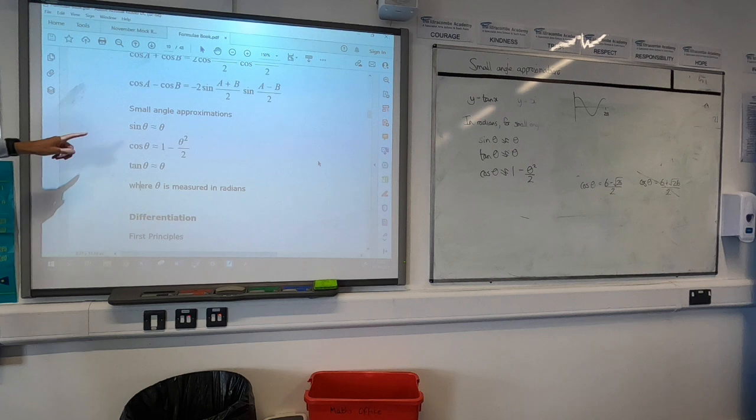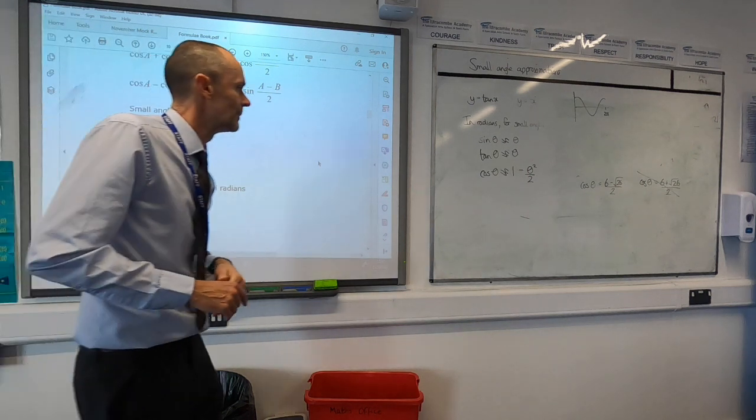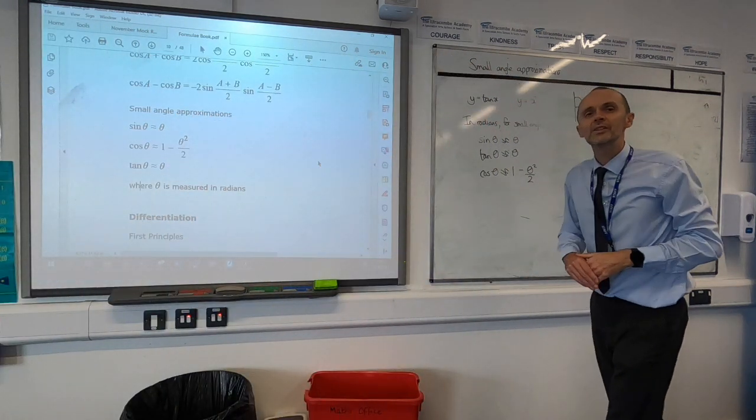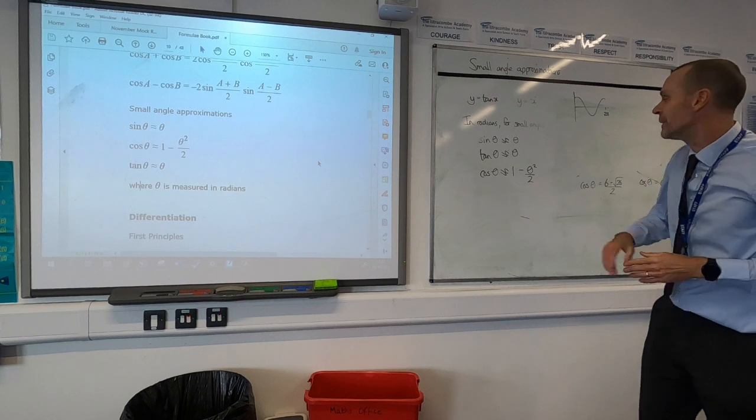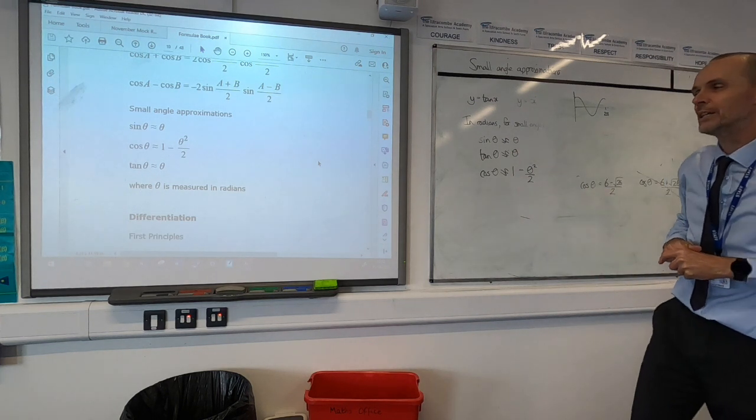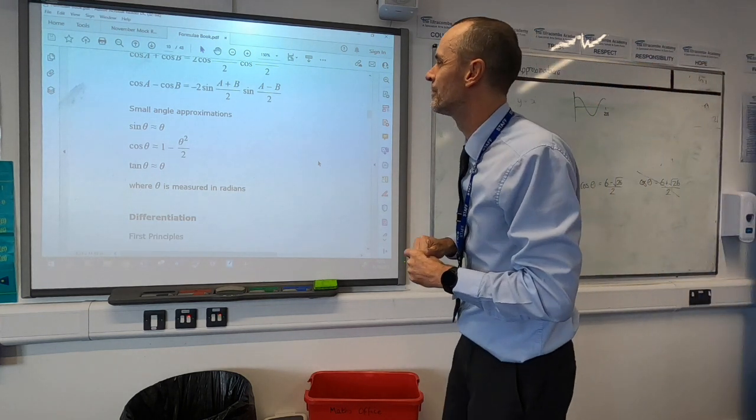It looks like that. So that's all on the formula sheet. You've got nothing to remember in that regard. Sorry? What does the squiggly sign mean? It means roughly the same as. Not equal to, but roughly equal to.